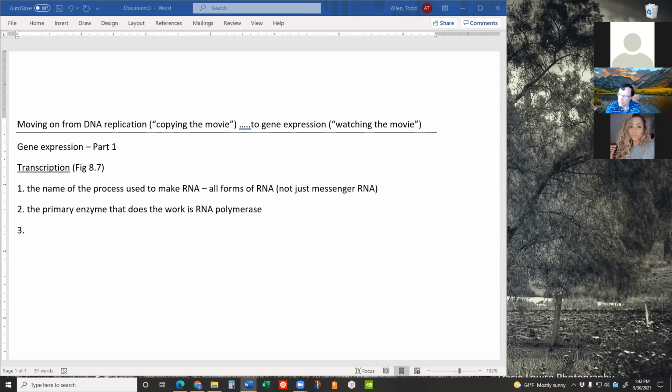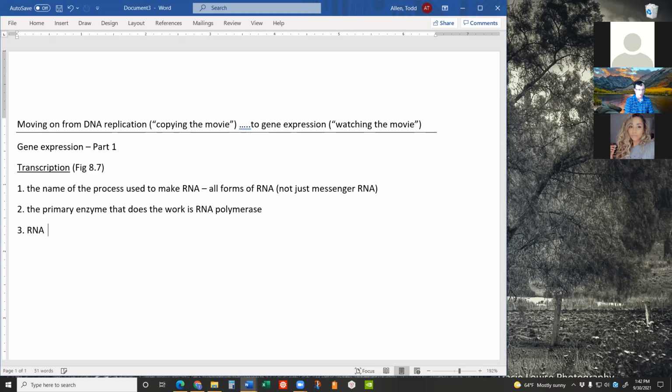We have to unzip the DNA to make the RNA. But in transcription, there is no DNA helicase enzyme being used. So my point here is that in transcription, we unzip the helix differently. And it's actually pretty simple, because RNA polymerase is the enzyme that not only makes the RNA, it unzips the DNA.